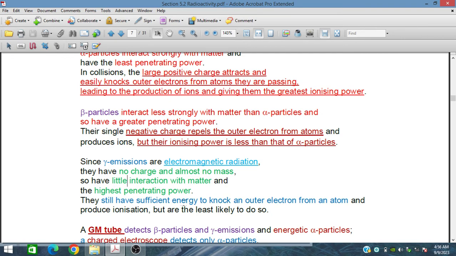They still have sufficient energy to knock an outer electron from an atom and produce ionization, but are least likely to do so.